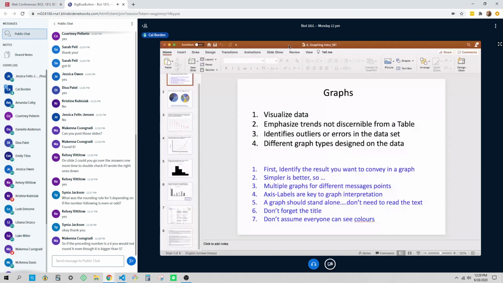If it was 0.155, I would round to 0.16. If it was 0.175, I would round to 0.18. Is that clear? Any other questions?